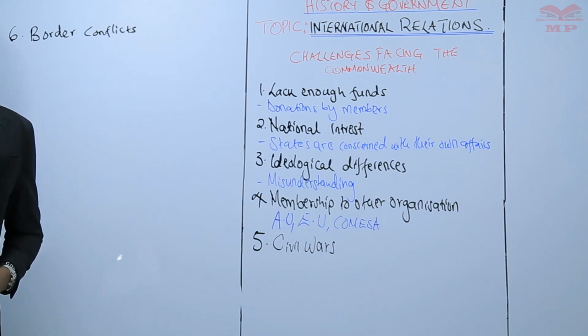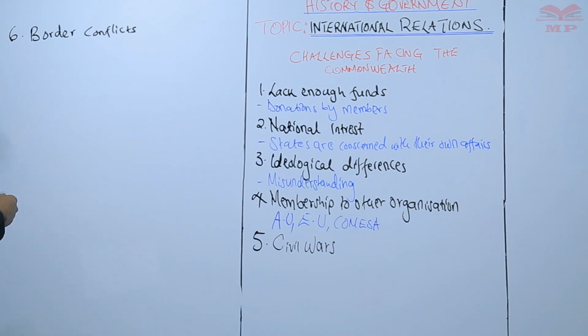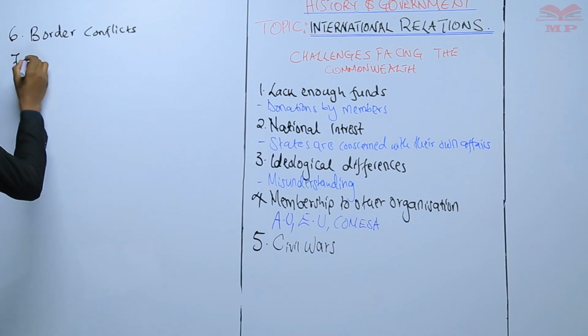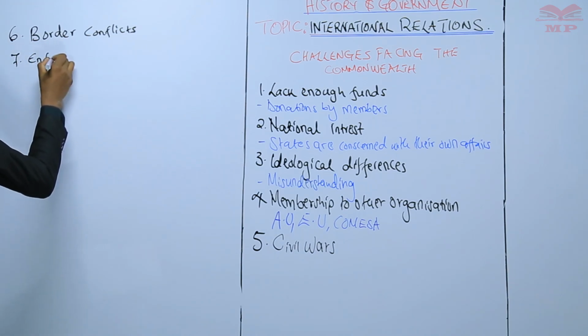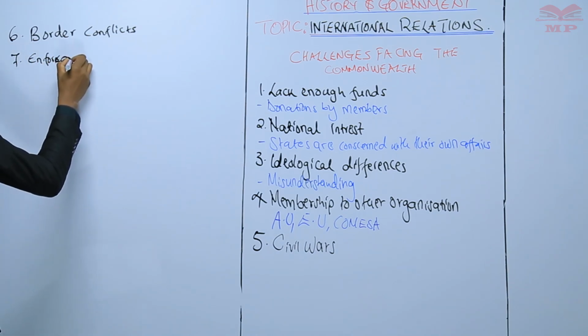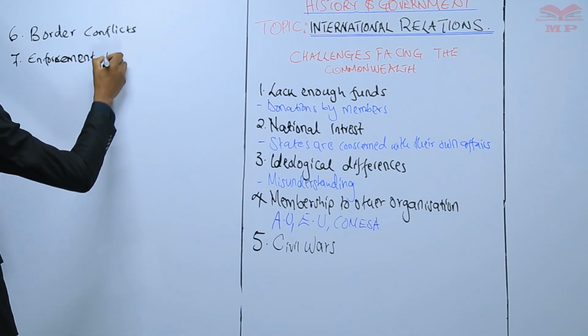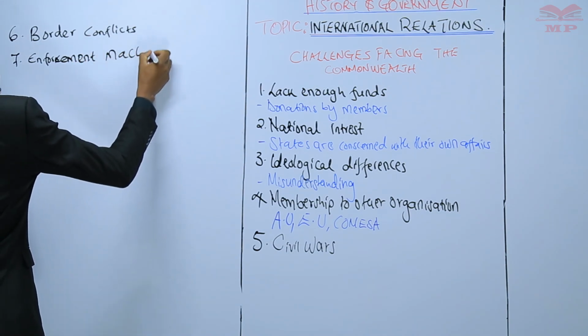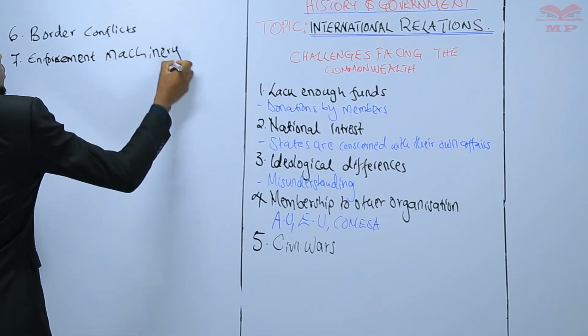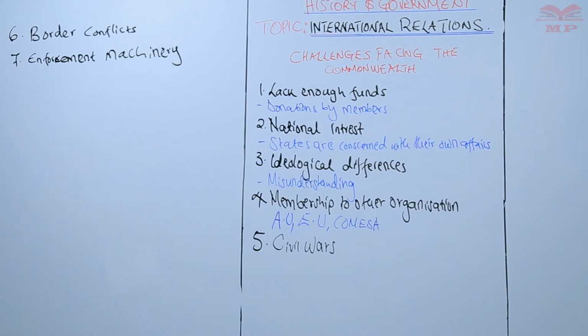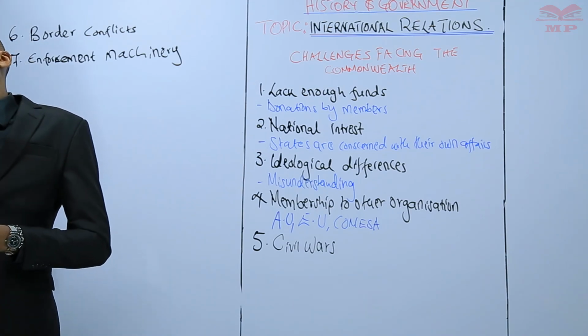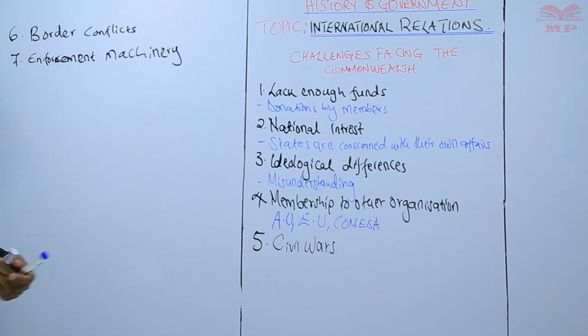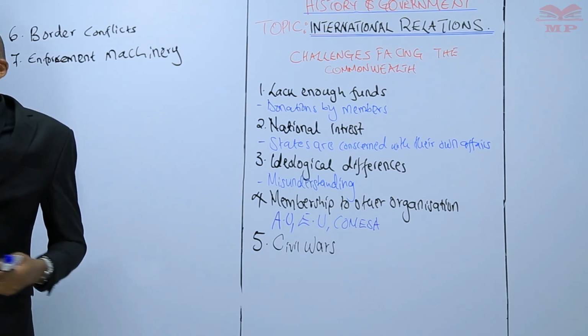Apart from that, they lack enforcement machinery. So whenever a decision or a policy has been made by the summit, they are unable to enforce them because they do not have an army.